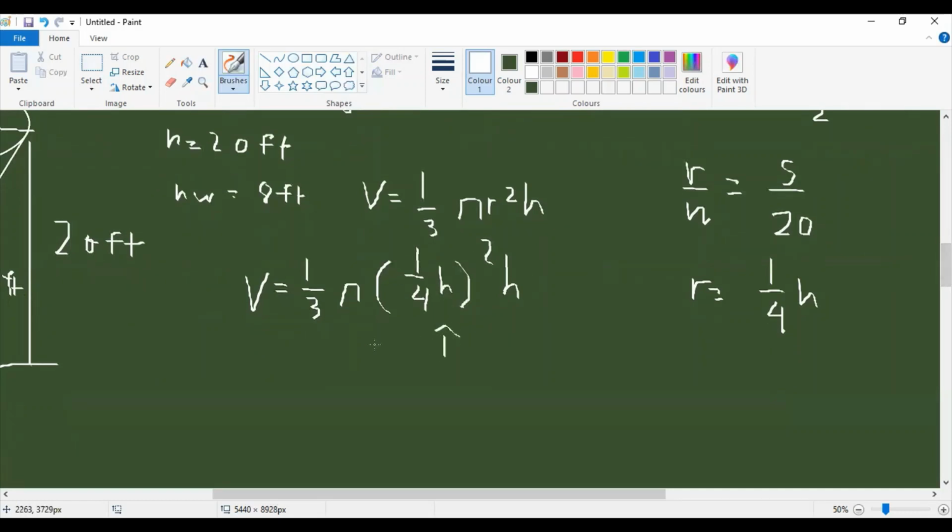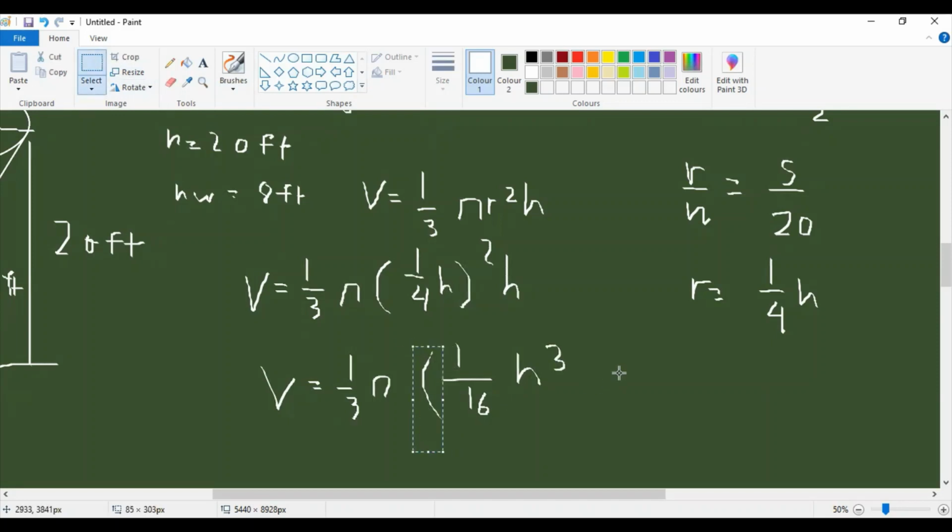So we have volume equals 1/3 pi. Then 1 squared will only be 1, and 4 squared will have 16. So h squared times the h, we will have h cubed. I made a mistake in putting a parenthesis in here, that this shouldn't be necessary. Oh, never mind, it's necessary.